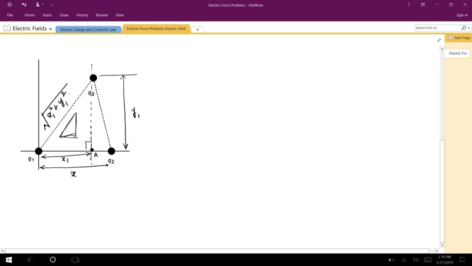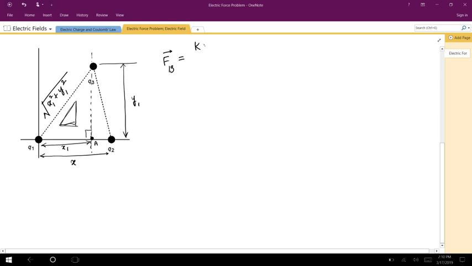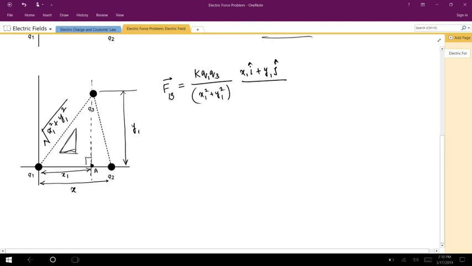All right, with this knowledge we can apply Coulomb's law and find F13, the force on 3 due to 1. That's going to be equal to K Q1 Q3 divided by x1 squared plus y1 squared, which is the square of this quantity, times x1 i hat plus y1 j hat divided by the square root of x1 squared plus y1 squared.